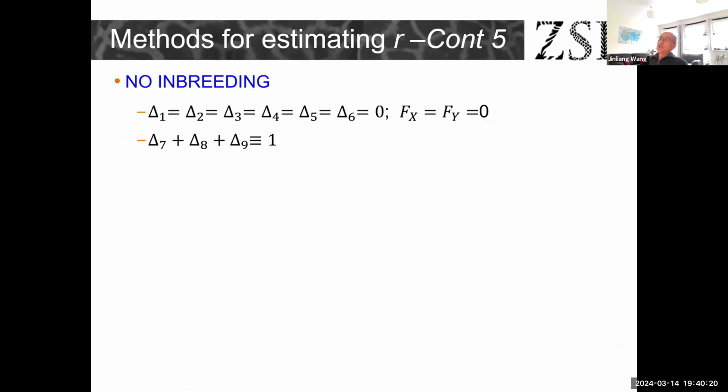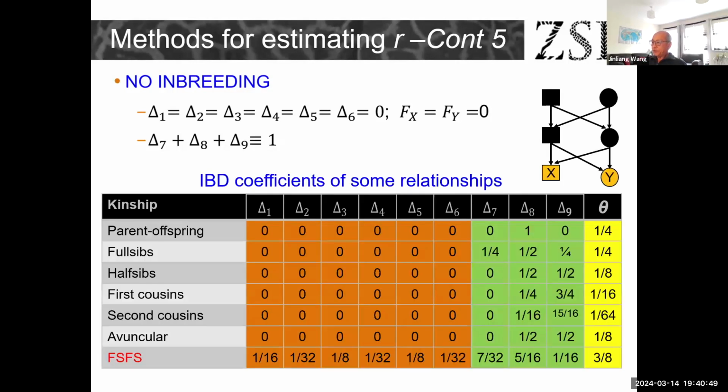Frequently in the literature, especially in the past, when we have few data, we assume inbreeding is absent. So delta 1 to delta 6 are always 0, and we only consider delta 7 to delta 9, and this considerably simplifies our estimation procedures.